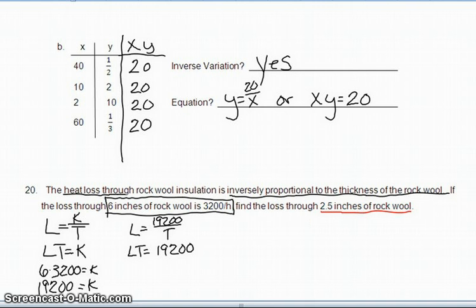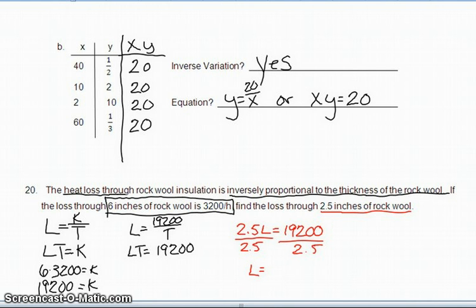According to inversely proportional, we should lose more heat if our insulation is not as thick. So I'm going to have 2.5 times heat loss equals 19,200. To isolate L, I'm going to divide both sides by 2.5.